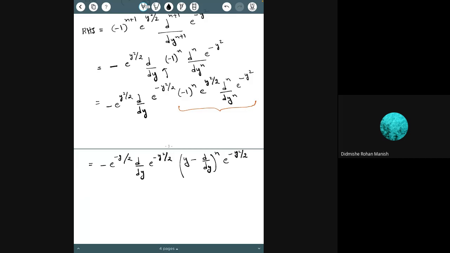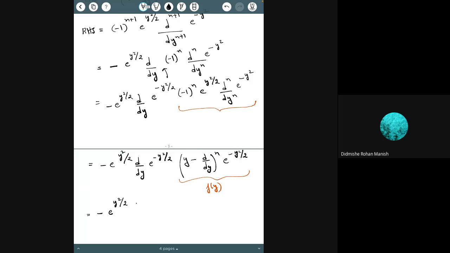Then we call this part of the expression a function f of y. This is just to make it look short, because I want to do the derivative. Equal to minus e to the power, oh, I made a mistake here. It should be plus y squared. Yes, plus y squared.